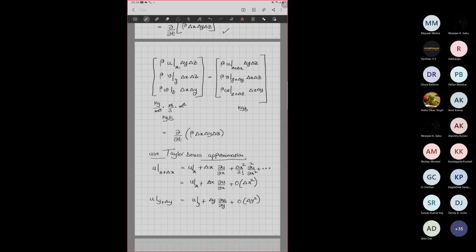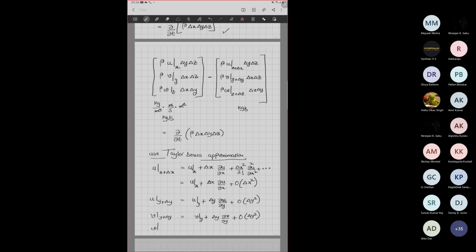Now, for the velocity components, the velocity v at y plus delta y is v calculated at y plus delta y multiplied by del v by del y plus order delta y square.